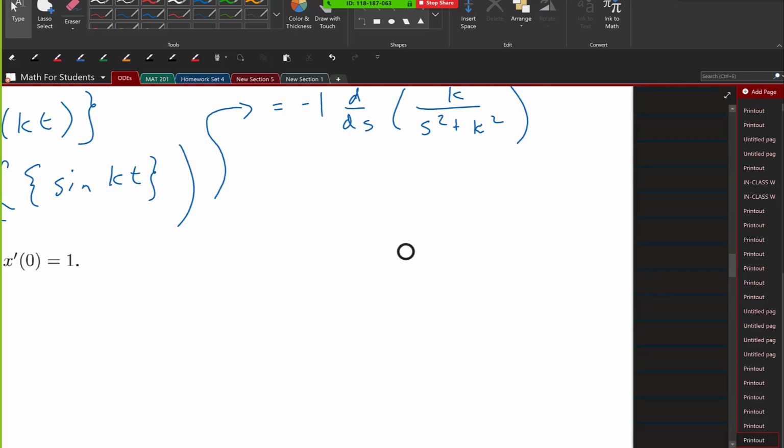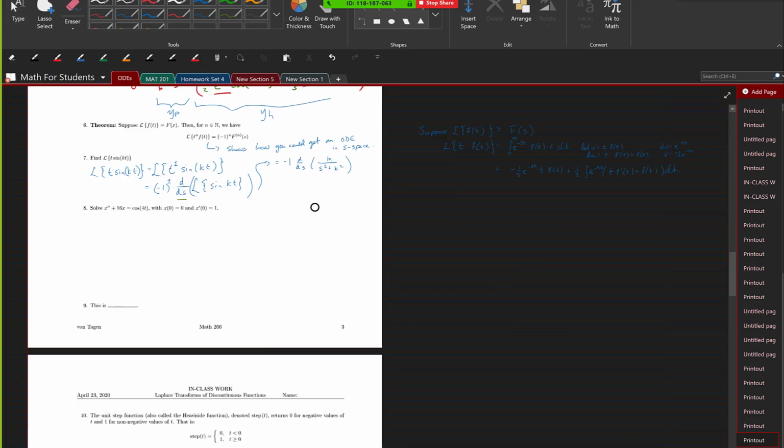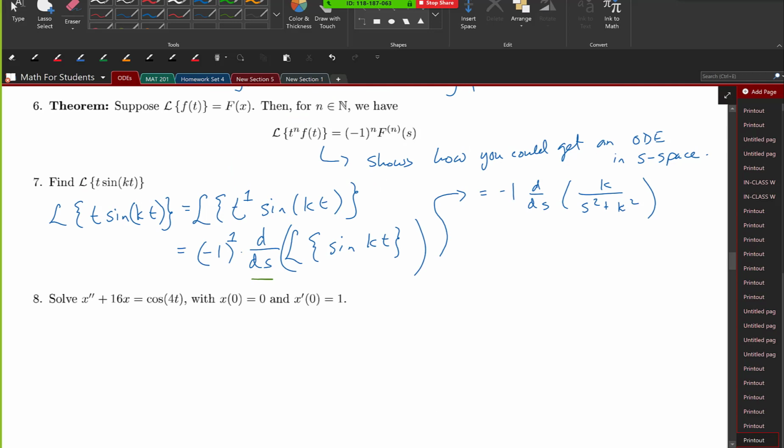Why the first derivative? Because this was t to the first power that we were multiplying to it. If this were t to the second power, this would be a positive one, and I'd be taking the second derivative of this expression.